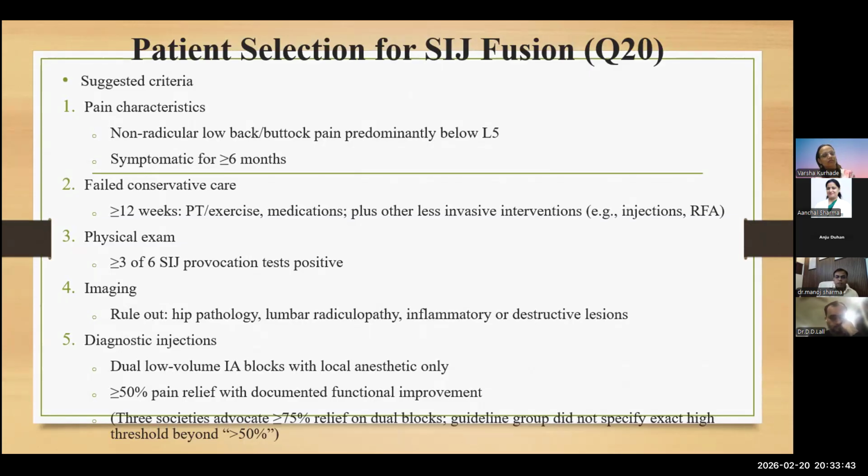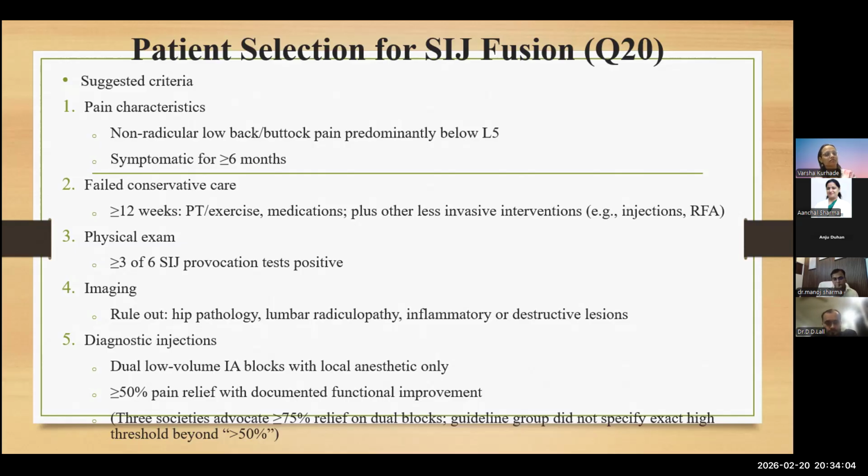In physical examination, more than or equal to 3 of the 6 sacroiliac joint provocation tests should be positive. And we should rule out other possibilities like hip pathology, lumbar radiculopathy, inflammatory or destructive lesions.